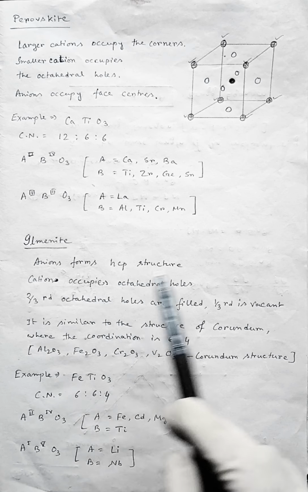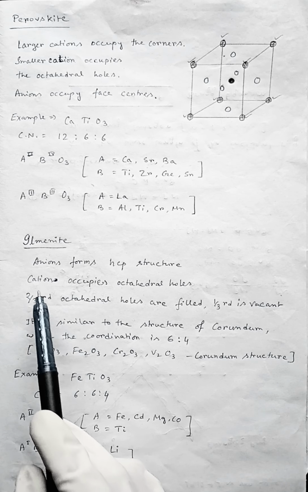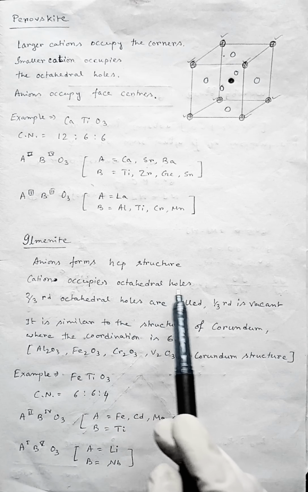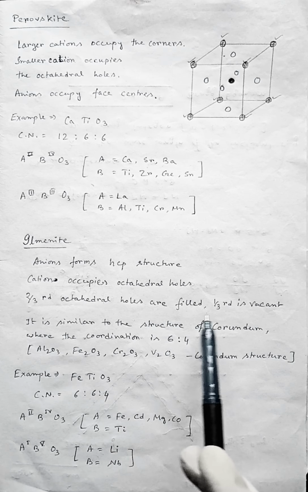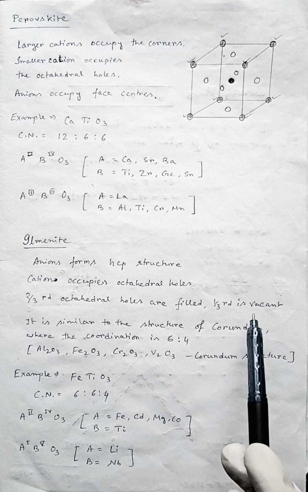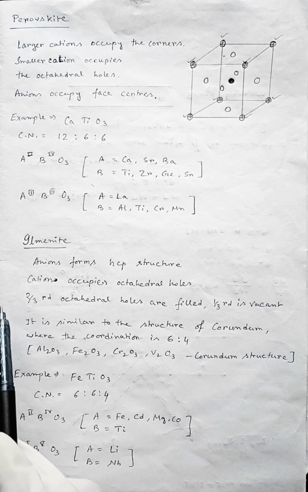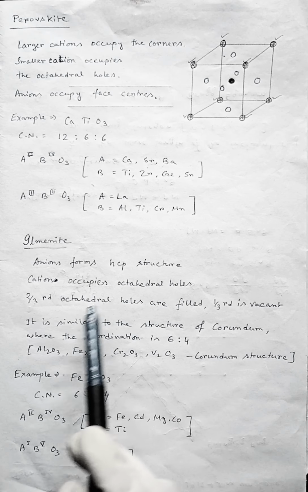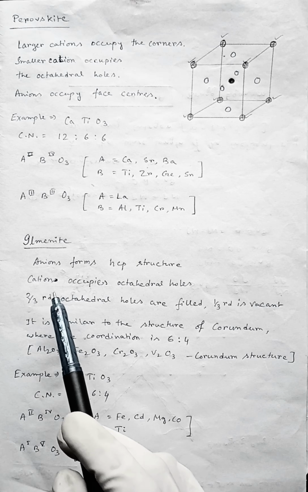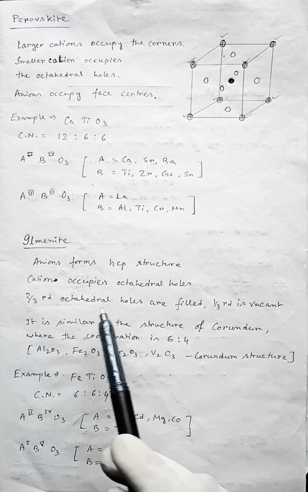So hexagonal close packing is formed by the anions, and cation occupies octahedral holes. 2/3 octahedral holes are filled and 1/3 octahedral holes are vacant. So in case of ilmenite, the anions form HCP structure and the cation occupies 2/3 octahedral holes.